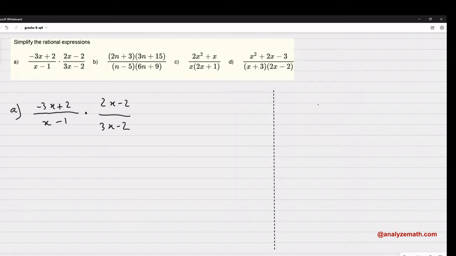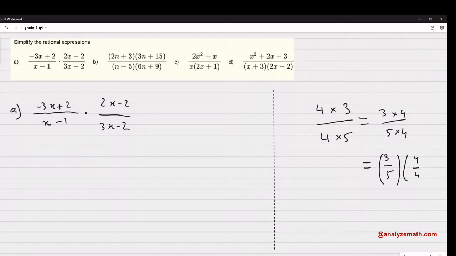If I have 4 multiplied by 3 over 4 multiplied by 5, this can be written as 3 multiplied by 4 over 5 multiplied by 4, and all this can be written as 3 over 5 times 4 over 4. 4 over 4 is equal to 1, and all this is equal to 3 over 5.